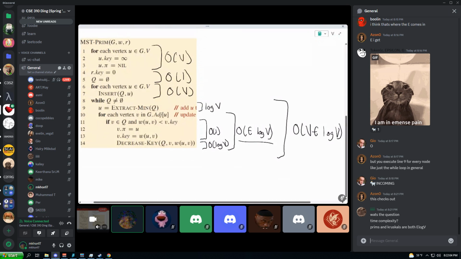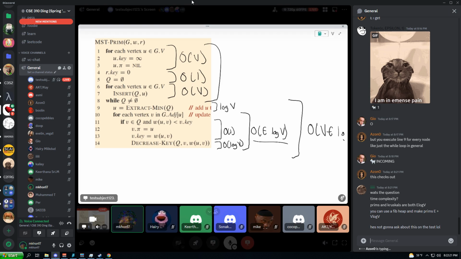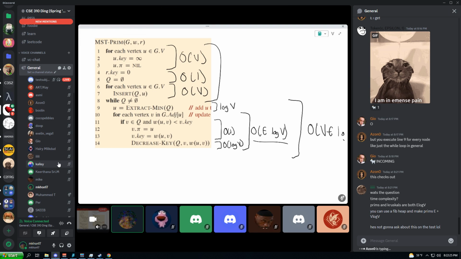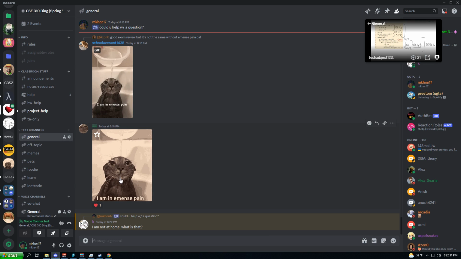Yeah, it should be E log V. I think the main reason is because aren't both of them supposed to use... I mean, I don't think we had this on our test last time though. But just in case. He's mainly going to ask about the disjoint sets and the heaps. Those are the main ones I'm thinking of.